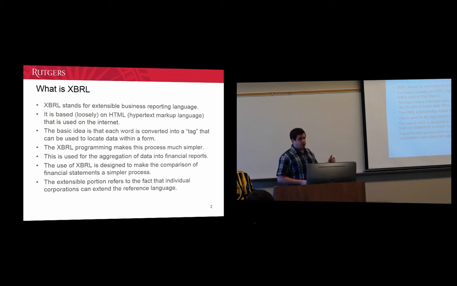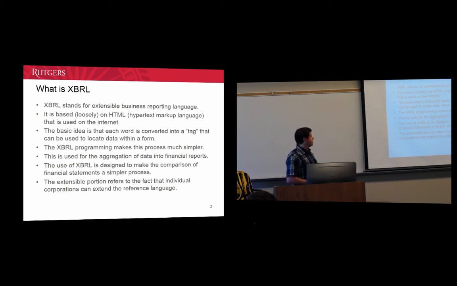So pretty much XBRL makes the process of converting information from human readable to machine readable much simpler. It's already converted for you. You can aggregate the financial data much simpler using XBRL because you don't have to copy and paste by hand each individual section that you want.